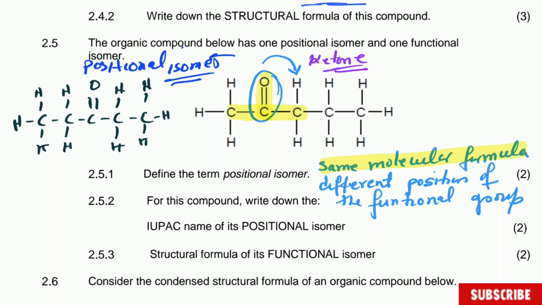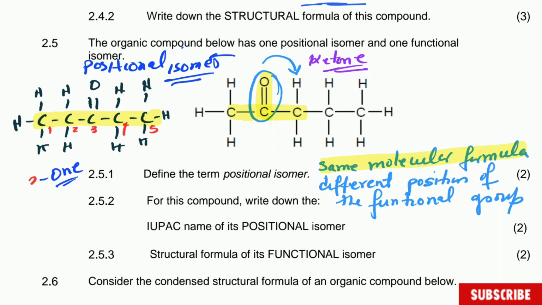They're asking you now for the IUPAC name. This one is straightforward. We don't have to follow the steps too much. It is a ketone and therefore will end in "on". The longest carbon chain is only 1 carbon chain, and then you have to count from the end, starting from the closest one. At this specific point, the functional group is in carbon 3, which is the middle carbon there. From any place you start, 1, 2, 3, 1, 2, and 3.